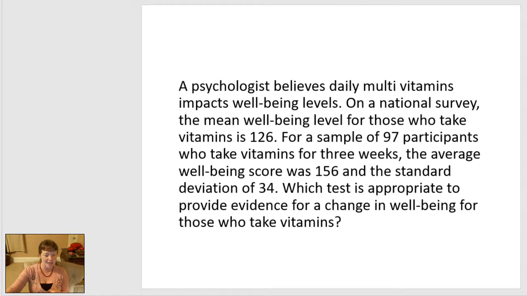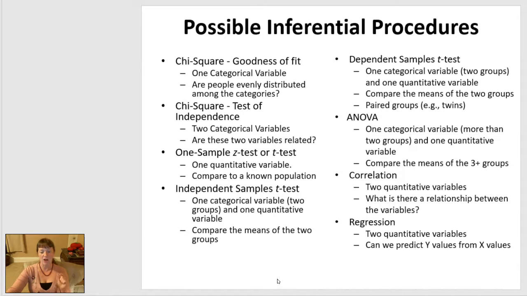And the key is, how many variables do I have, and are they qualitative or quantitative? And I promise you on the exam, I will make it unambiguously clear whether or not each of the variables is a group-based variable, qualitative or categorical, and I will make it explicitly clear if the variable is quantitative, ranging from more to less.